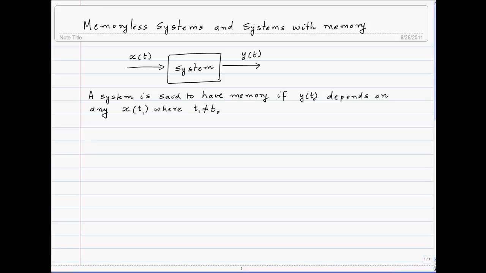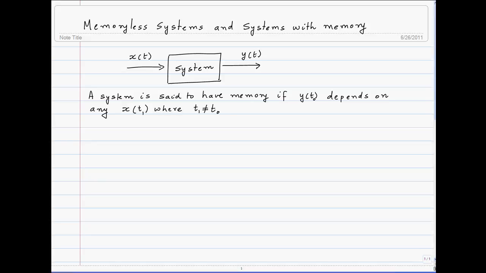Let us say we have a system which takes as input the signal x of t and produces an output signal y of t. This system is said to have memory if the value of the output at any particular time t naught depends on x of t1, where t1 is not equal to t naught.